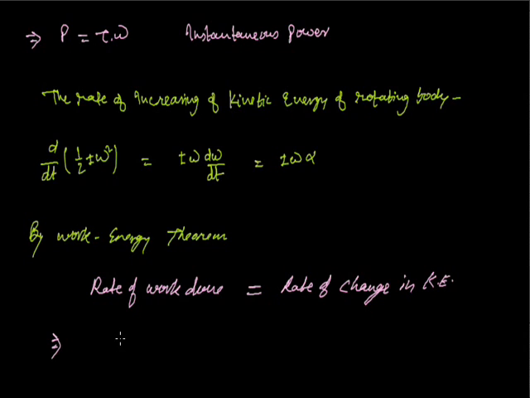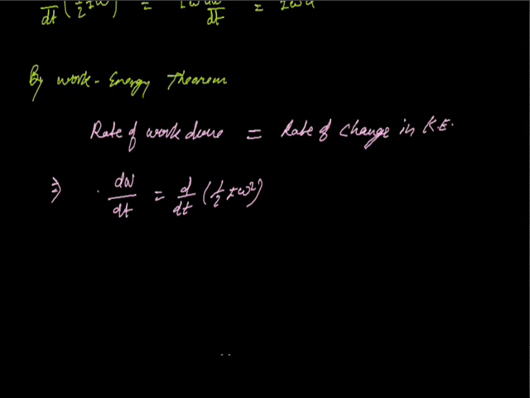So we can equate dW by dt equals d by dt of half I omega square, the kinetic energy, or it will give us the power equals I omega alpha.